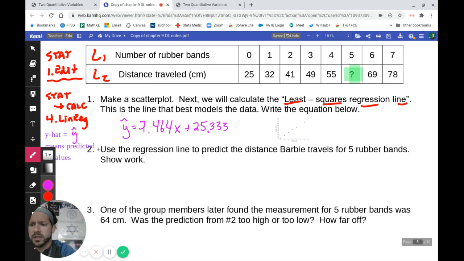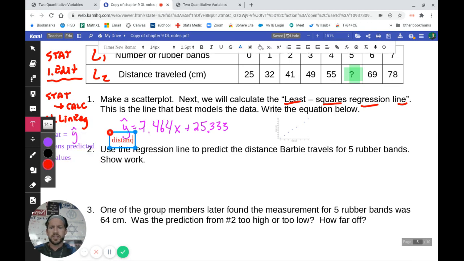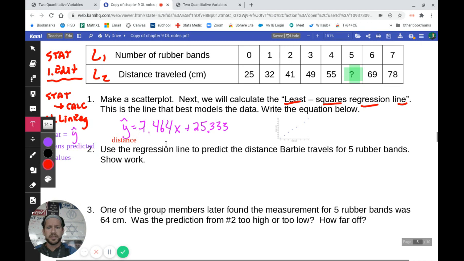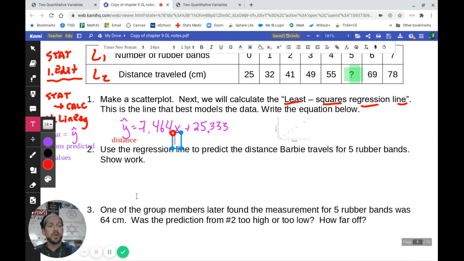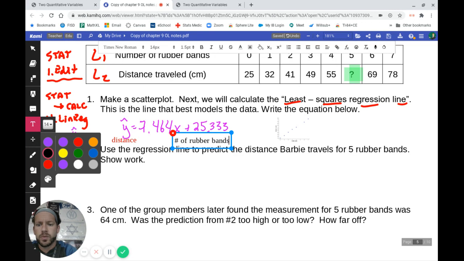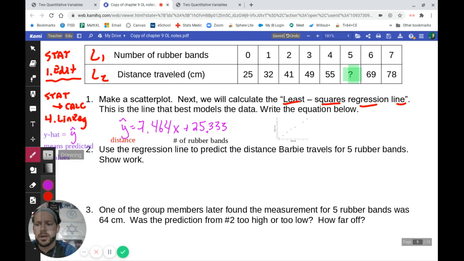So what that tells us is our predicted distance. So this y hat is our predicted distance, and this x variable is going to be the number of rubber bands.